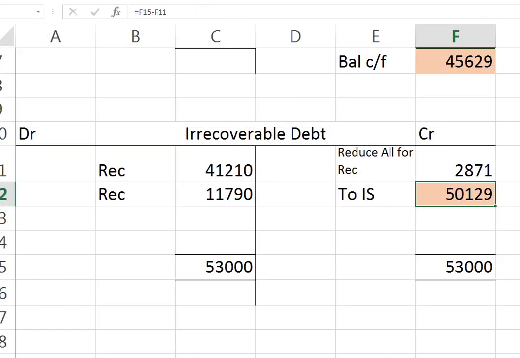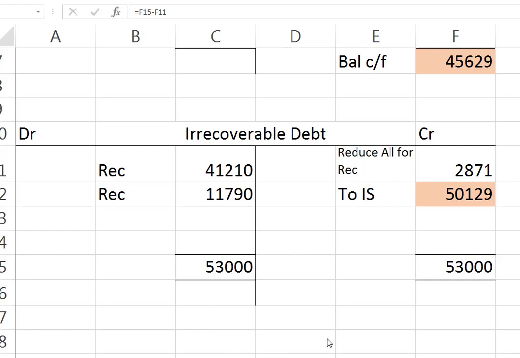Okay, so when I go back to my T accounts, what I would have expected is that there's my irrecoverable debt account and so on and so forth, and then I could have had a separate irrecoverable debt recovered account. Now, you weren't asked for that irrecoverable debt recovered account. You weren't asked for it in this question, but you could have been asked for it.